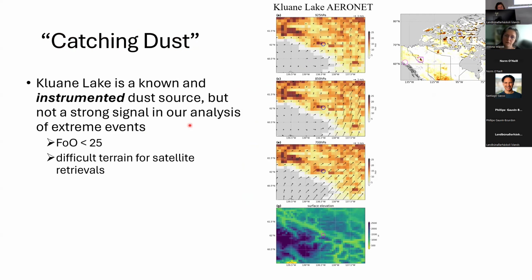The green color map down there shows, I think the light green is the lake. We had a campaign in there in 2019, I think, and we had some ground measurements there.